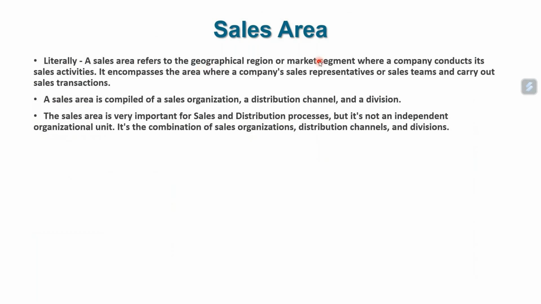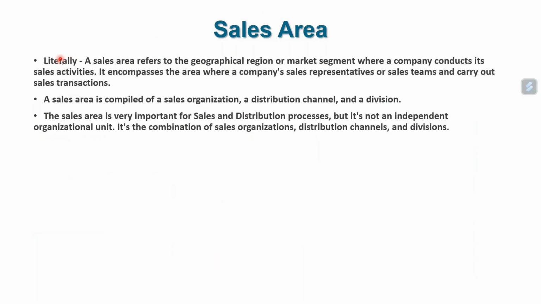Okay. Now, this is basically your literal meaning. So, you tell a salesperson, this is your sales area. You are going to sell in this area, right? So, say someone is in Delhi. So, in Delhi, you can say, Connaught Place is your sales area. Okay. Now, that's a literal sense.